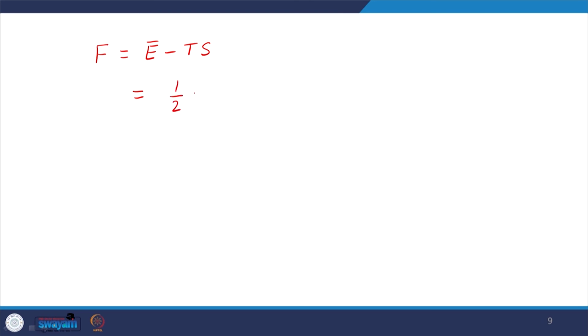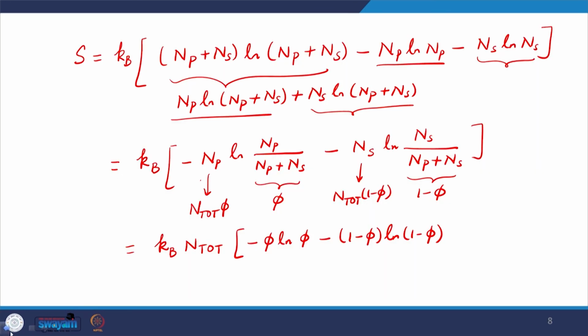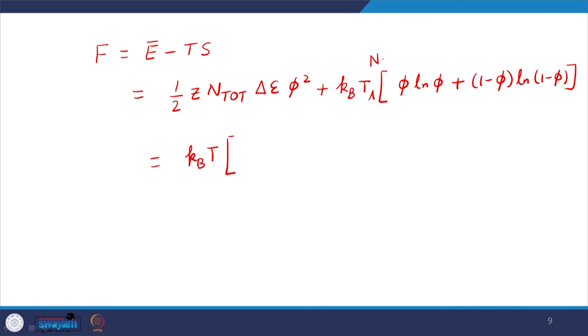This was half z n tot delta epsilon multiplied with phi square, and now what we have is plus kBT multiplied with phi ln phi plus 1 minus phi ln 1 minus phi, which I can write as, by the way, there is also an n tot here.